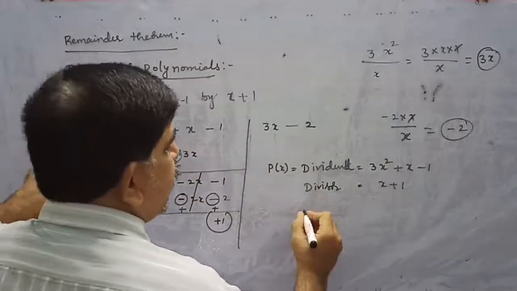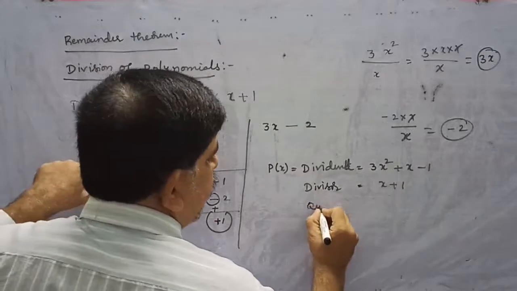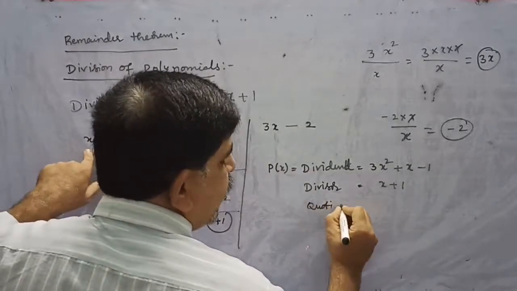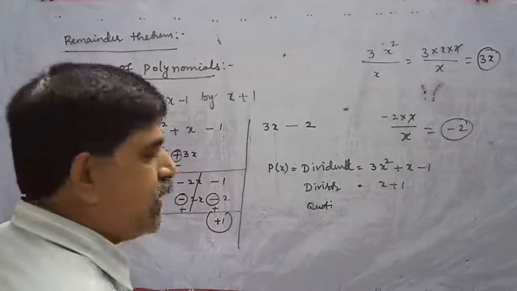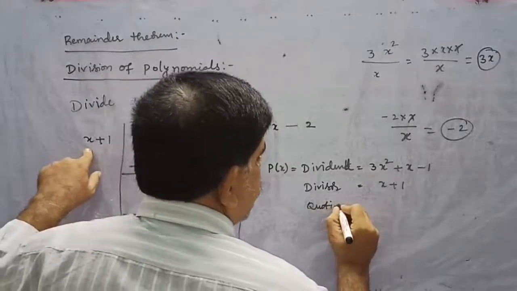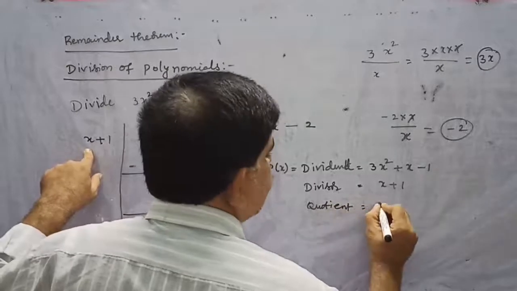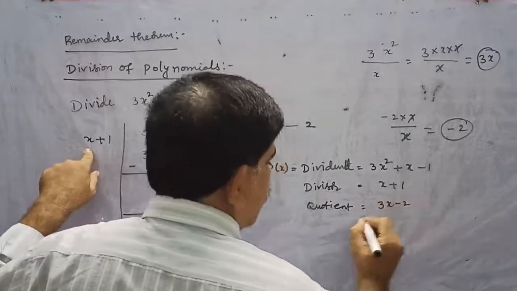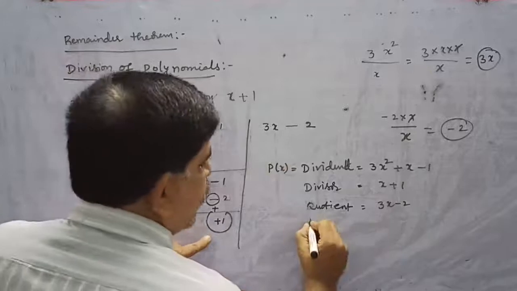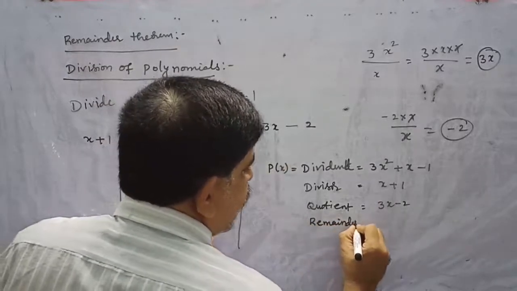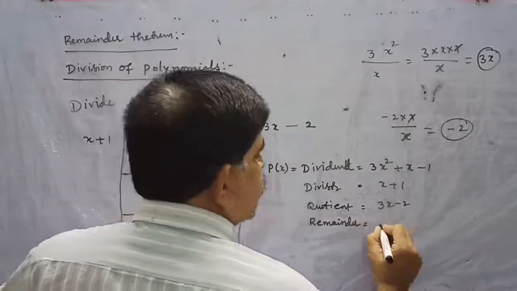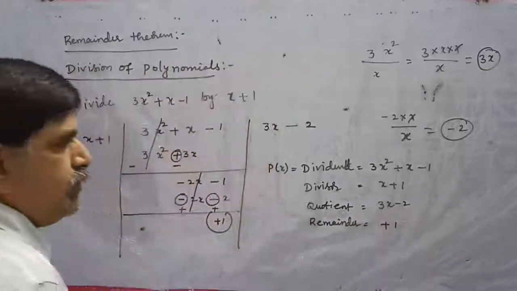Next, quotient. There is a lot of difference between coefficient and quotient. Quotient is equal to 3x minus 2 and the remainder is equal to plus 1.